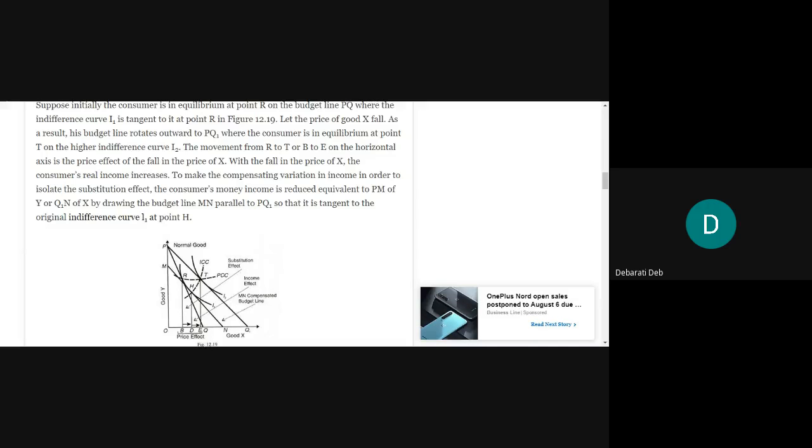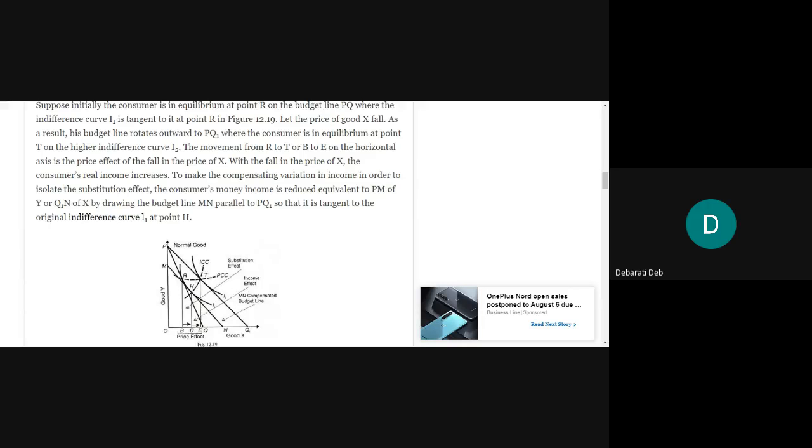Now let us assume that the price of good X is falling. Good X quantity we have plotted on the X axis, and good Y's quantity on the Y axis. Out of these two goods, the price of good X is falling. If it falls, what will be the impact on the real income of the consumer?